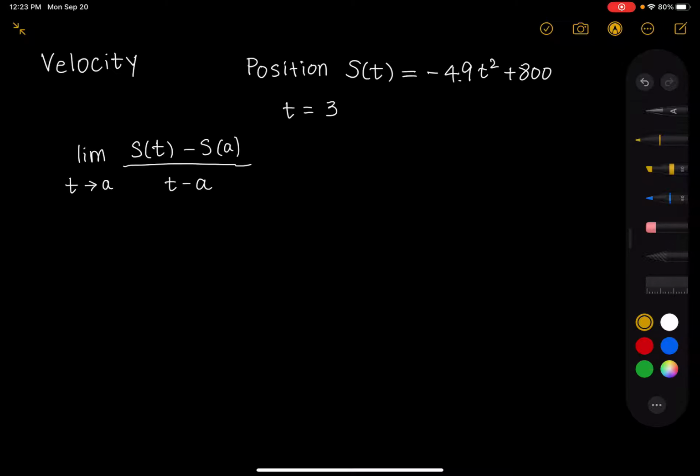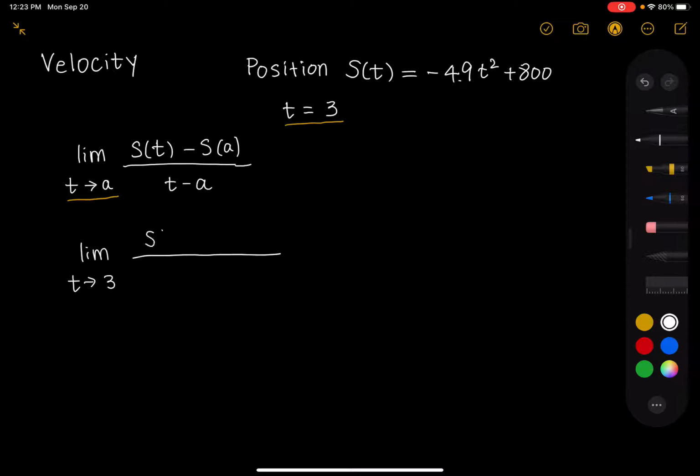So notice that t approaches a, and here t equals 3. In that case, we need to replace a by 3. So to find the velocity at t equals 3, we replace a by 3. That will give us the velocity at t equals 3.